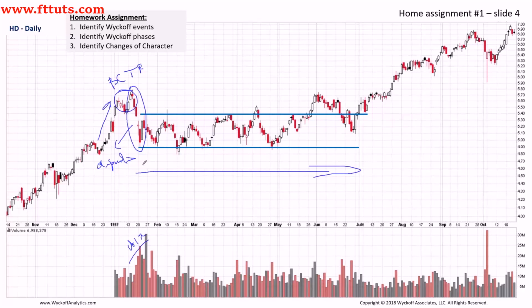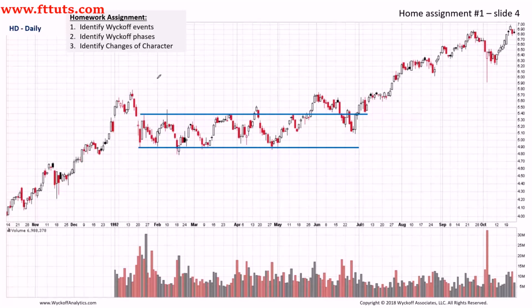This is more of the shakeout type of nature. So I would label this as a shakeout. The first reaction up, automatic rally. Then look at the test. Decreasing spread, decreasing volume. So that looks like a secondary test. Therefore, phase A. And then we're going into phase B and into phase C.